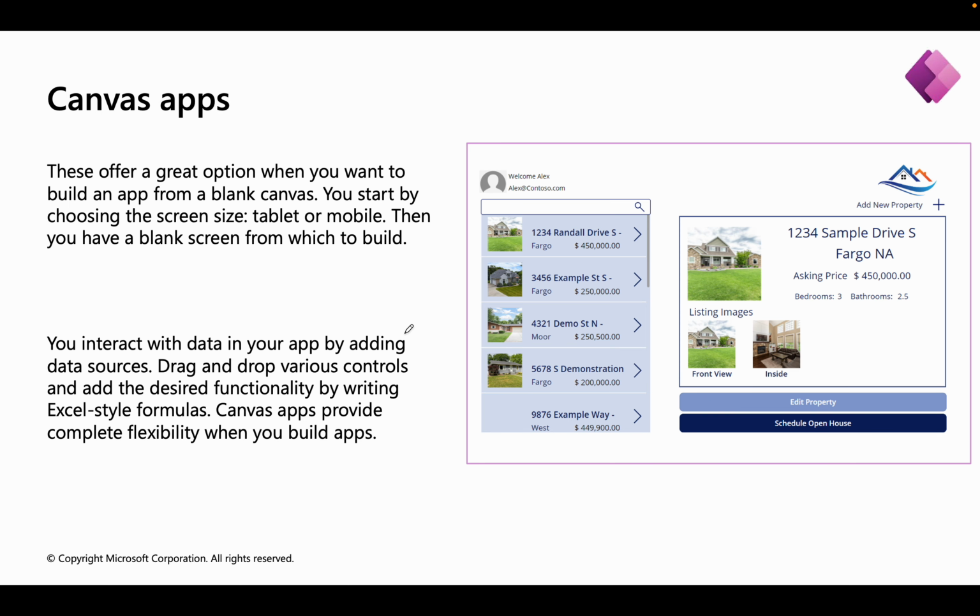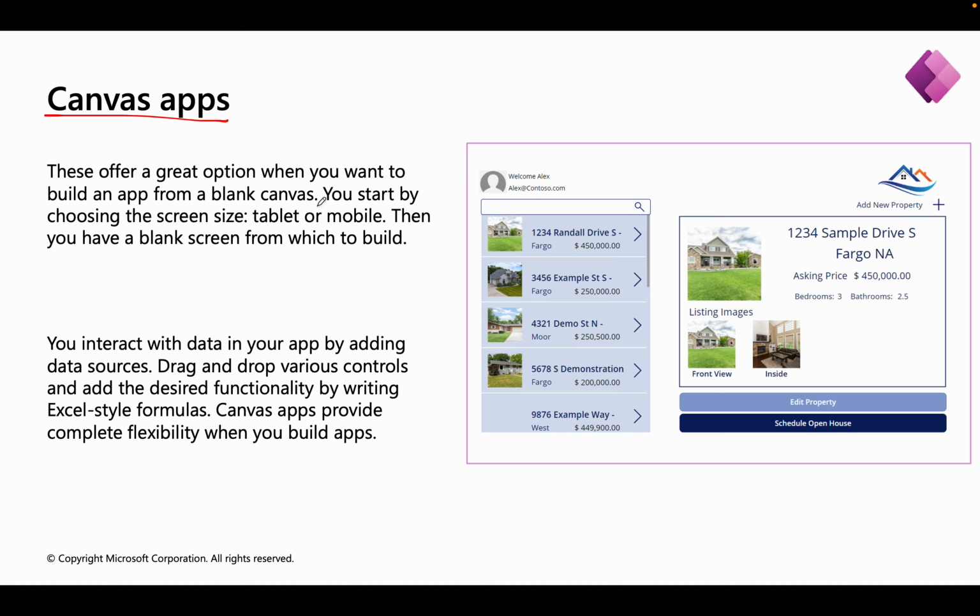First we are going to discuss what a Canvas app is. In the Canvas app, you may build just from the blank canvas. Everything you should choose is the layout you want.